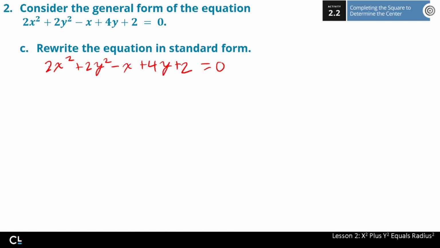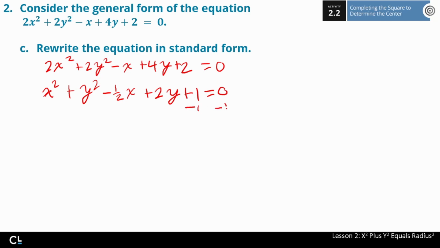So let's do that. We get x squared plus y squared minus 1/2 x plus 2y plus 1. Now, the very first step that we have to do here, equals 0, is we have to get this constant over.